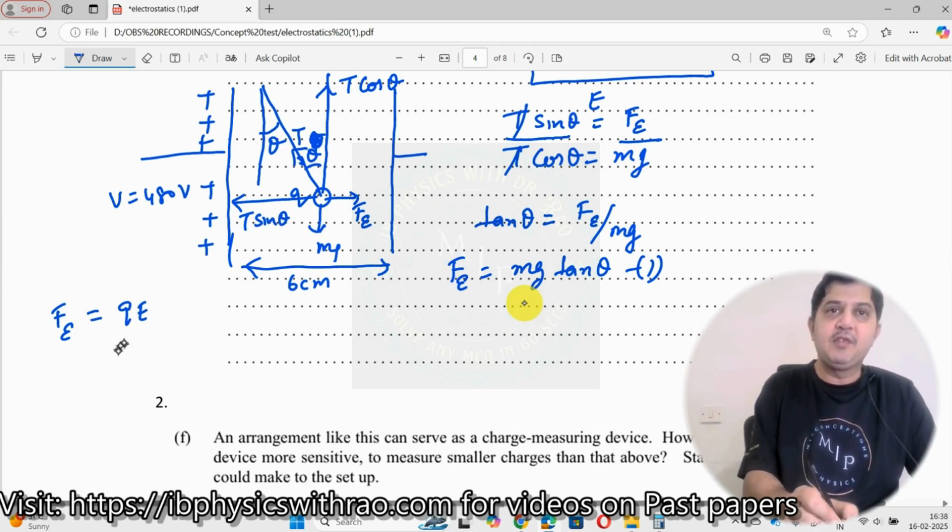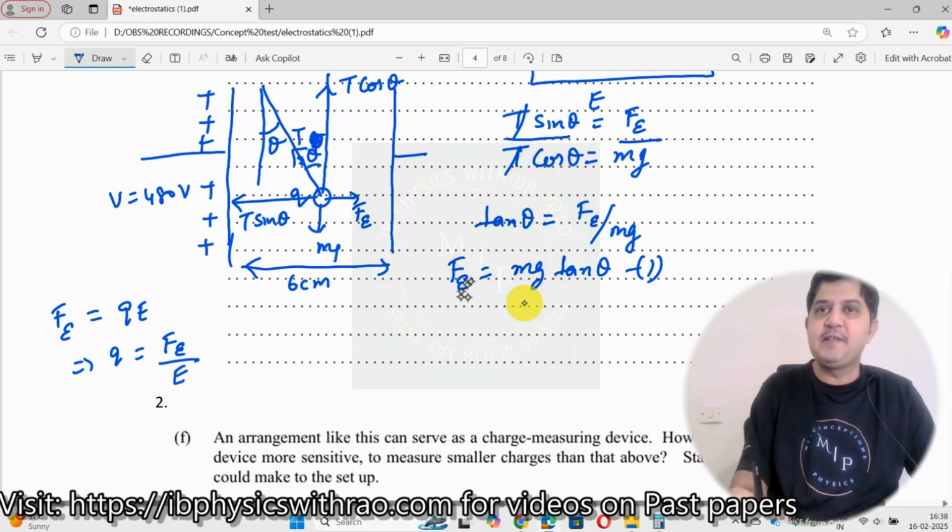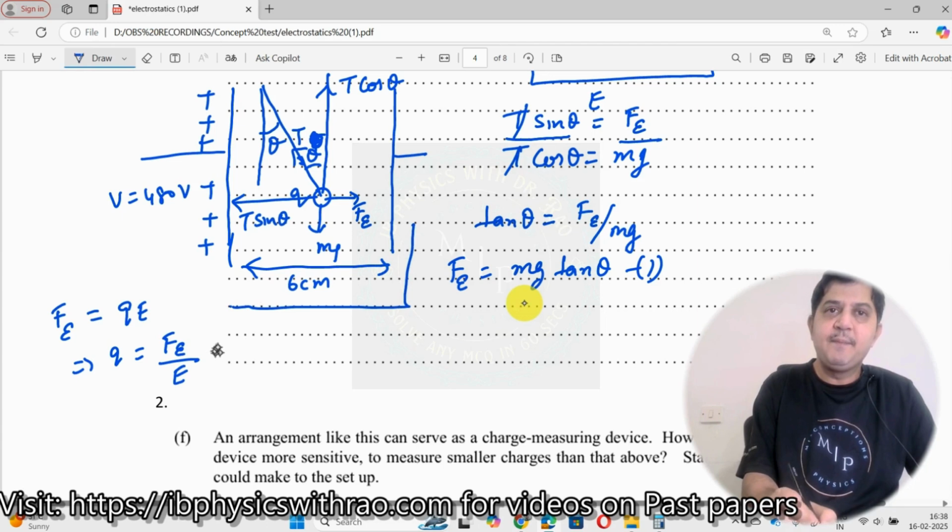So therefore, I can write Q is equal to Fe divided by E. Fe is already known, so substituting, Q is equal to mg tan theta divided by E.